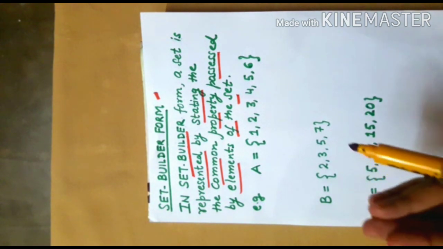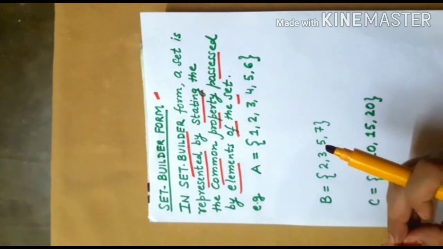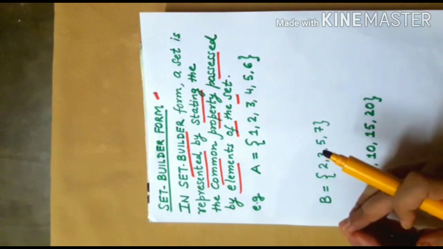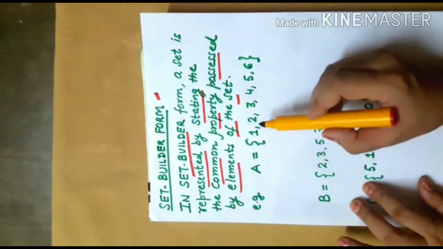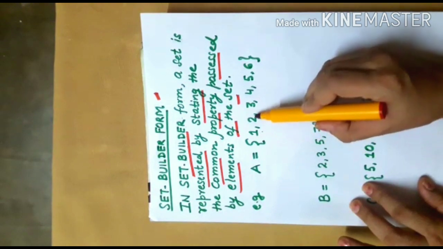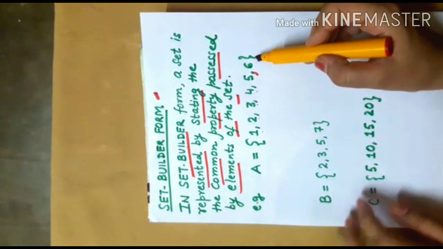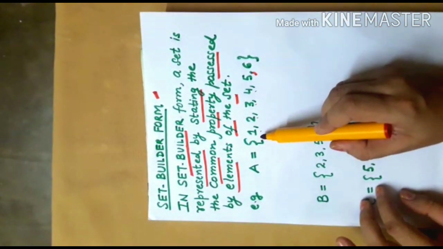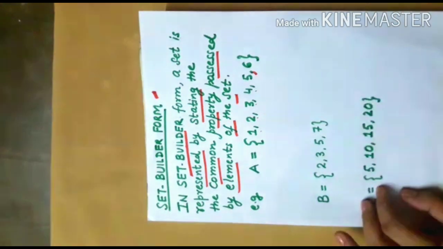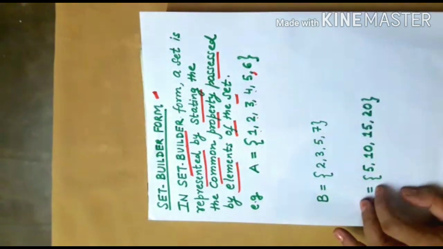Instead, we state the common property which is possessed by the elements of that set. For example, consider the set A with elements 1, 2, 3, 4, 5 and 6. Do these numbers share a common property? Yes, they all are natural numbers.